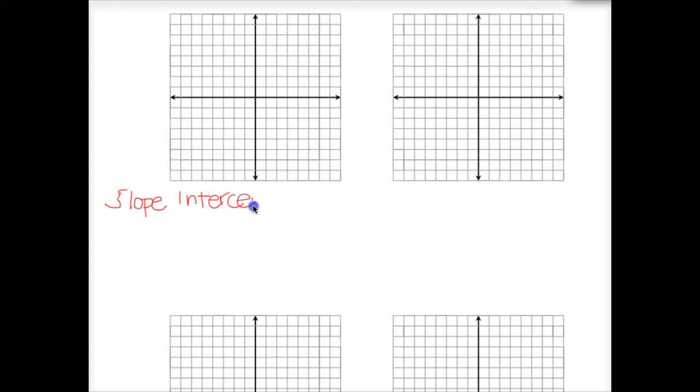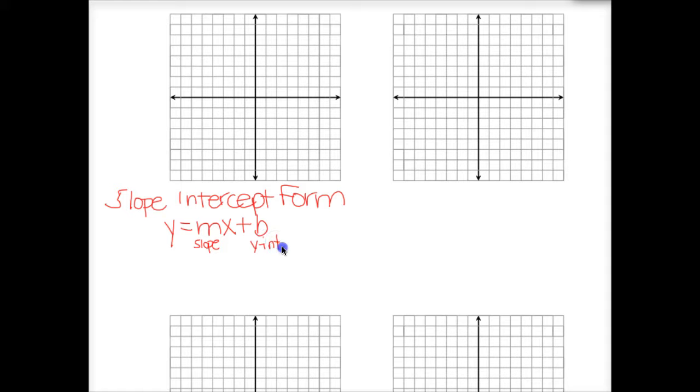So when we're looking at slope-intercept form of an equation, that means that in general, it can take the form y equals mx plus b. Remember that m is your slope and b is your y-intercept.